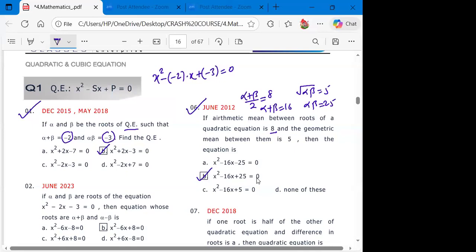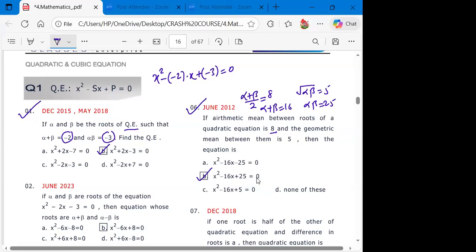Hope you are understanding that we are solving only those questions which are maximum one-liner. And remember one thing, dear, root here doesn't mean a square root.